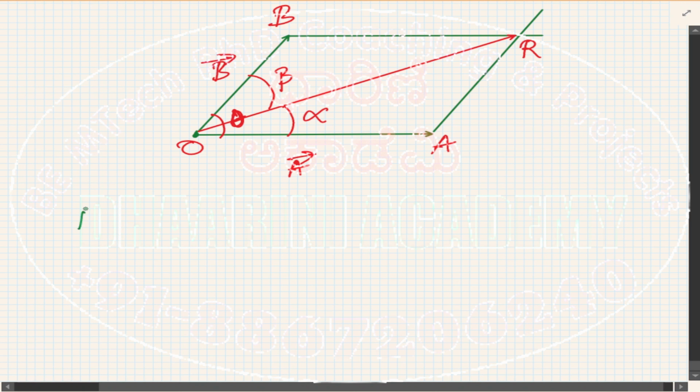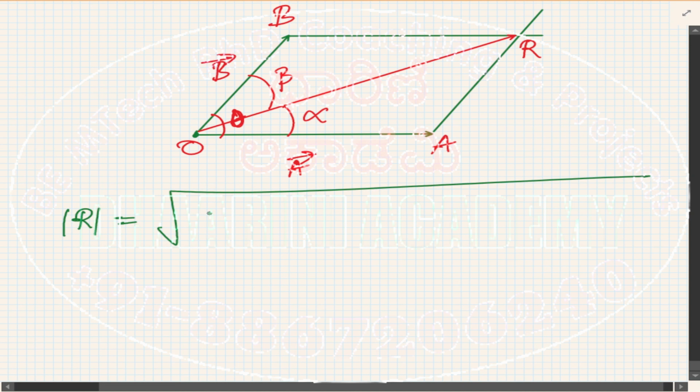So the magnitude of this vector, magnitude R, is given by the square root of A squared, where A indicates the magnitude of A, plus B squared, magnitude of B whole squared, plus 2 times magnitude of A into magnitude of B. When we don't write an arrow mark, it indicates that it is a magnitude.